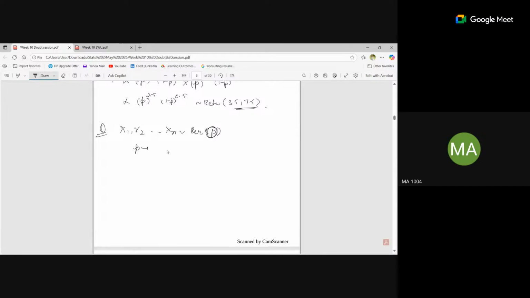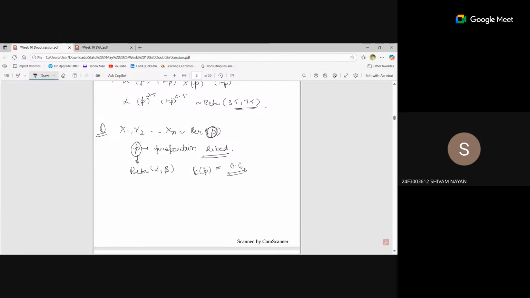This is the proportion of people who liked the product, correct? Now this p is following a beta distribution with alpha, beta as parameters. And it is given that the average of the proportion of people who like the product is 60%. They're talking about P only, right? So the expectation of P is coming out to be 0.6.